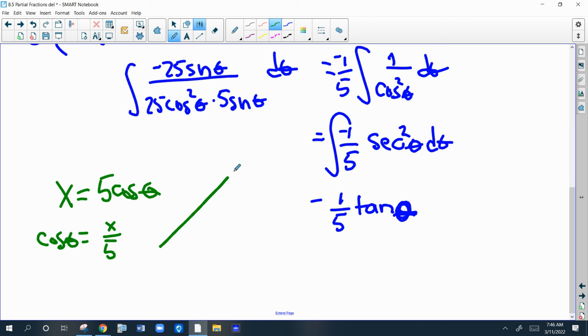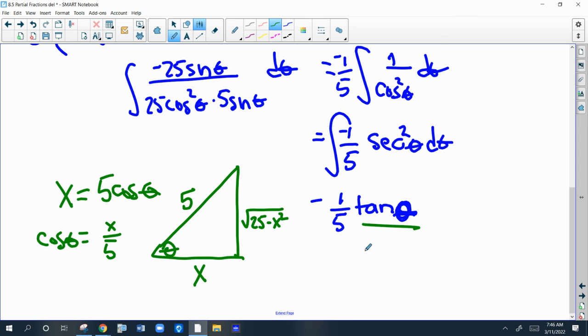And let's go to our tried and true right triangle. So theta is the angle. Cosine is adjacent over hypotenuse. The Pythagorean theorem will say that x squared plus this squared equals 25. So this side would be the square root of 25 minus x squared.